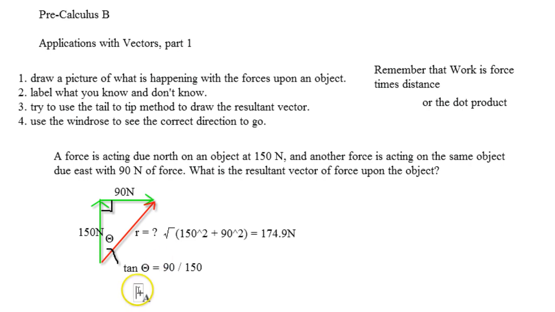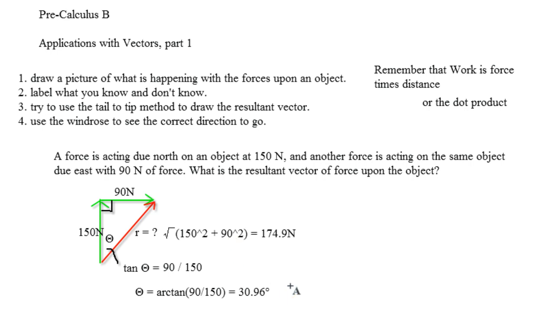Okay, and then we're going to find out that theta is, well, let's just go ahead and use good old arctan. All right, arctan of 90 divided by 150. And that is going to be 30.96 degrees. Okay. And so that angle is going to be right there.